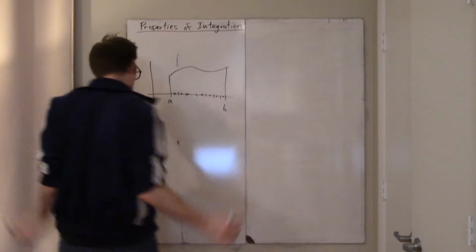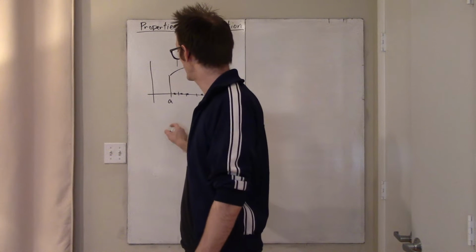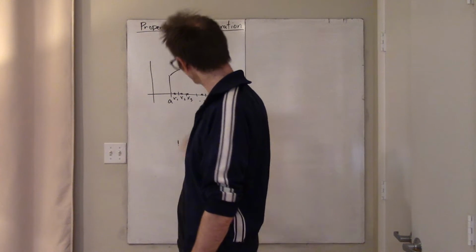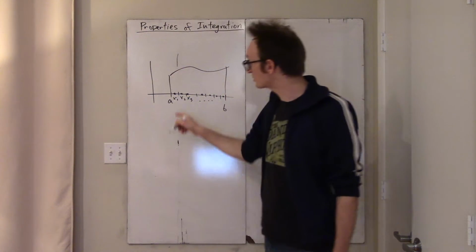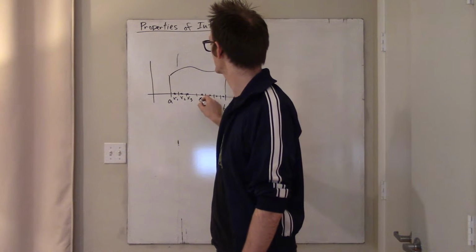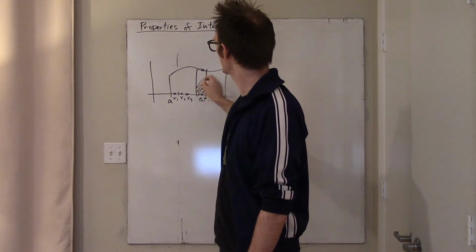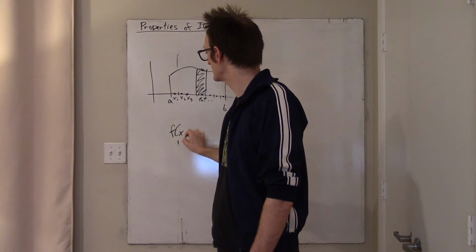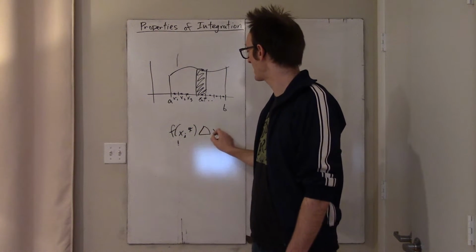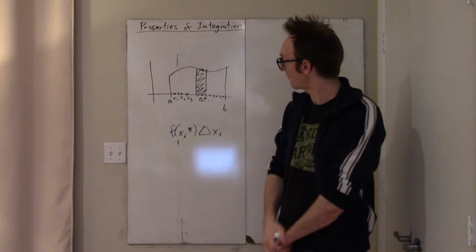Okay, so the end result of all of this was this concept of a Riemann sum, and a Riemann sum says that you partition the interval up into subintervals, and on each subinterval you choose a sample point. You plug that sample point, let's call this x sub i star, into the function, and whatever the height of the function is at the sample point on the ith subinterval, times whatever the width of that ith subinterval is, this gives you the area, intuitively speaking, of that rectangle.